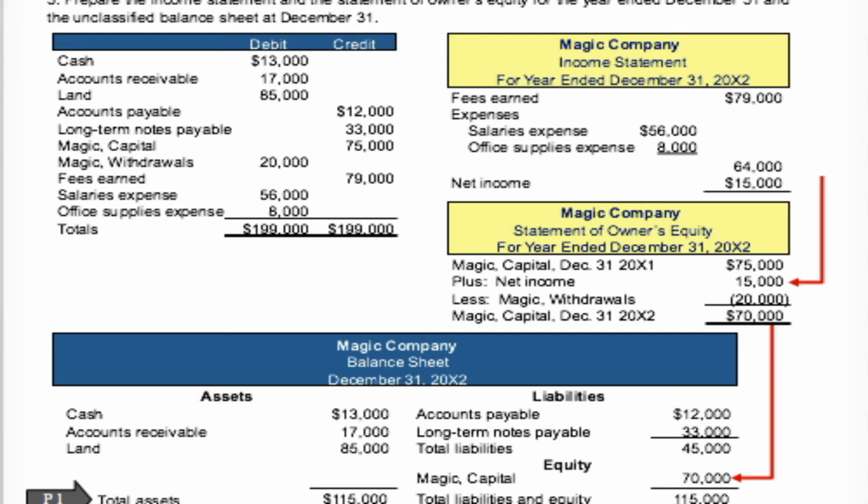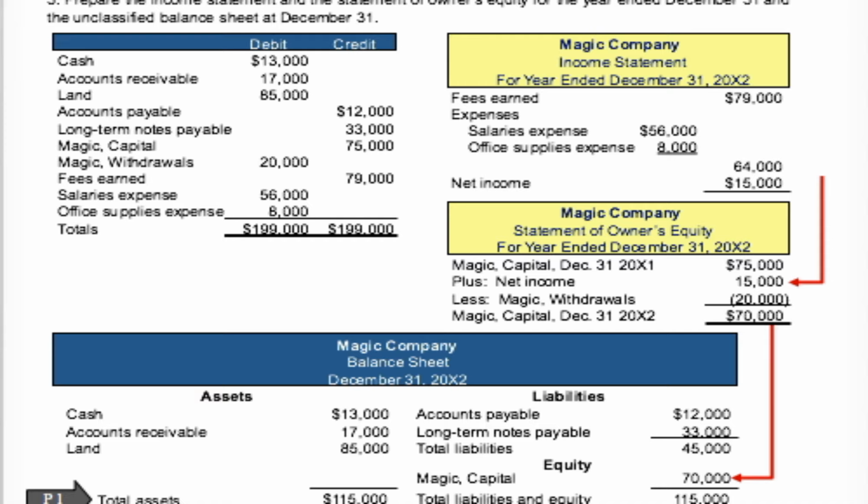And then the remaining accounts are some component of equity. Magic's capital balance of $75,000 is the beginning capital balance on the statement of owner's equity. Magic withdrawals are then subtracted on the statement of owner's equity. Fees earned is a revenue account, which is included on the income statement as we already talked about.